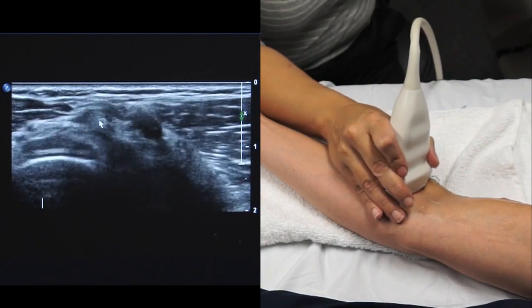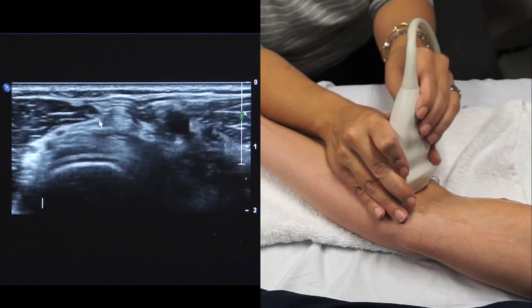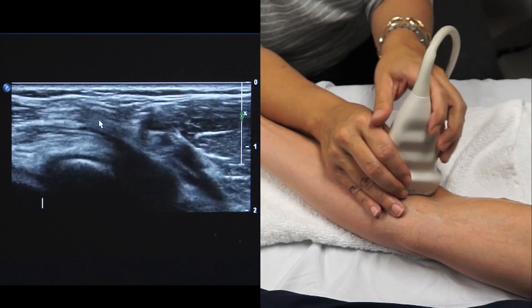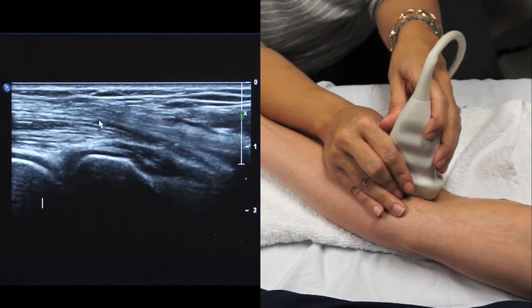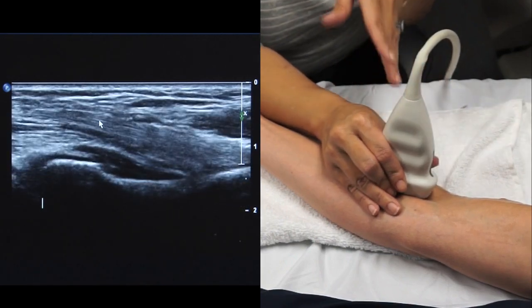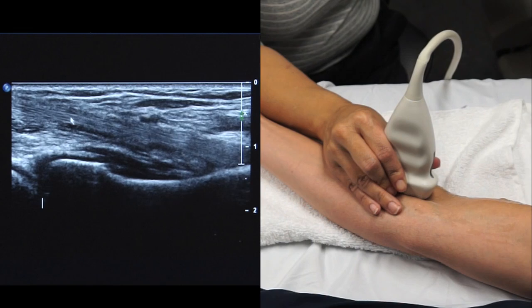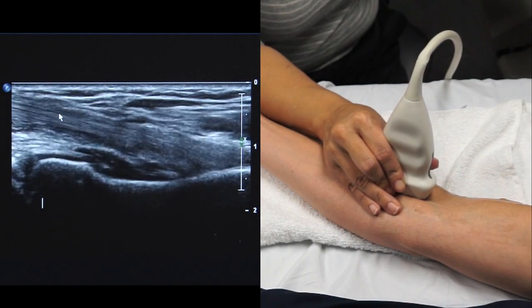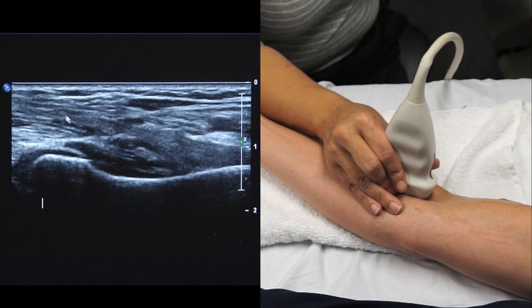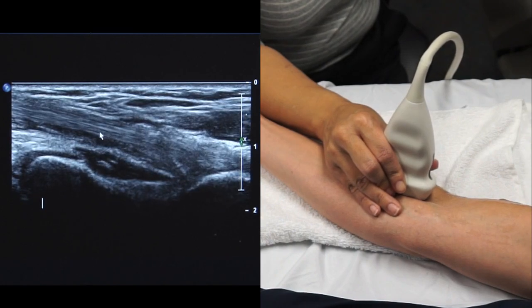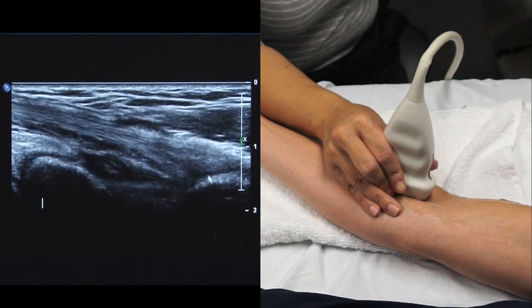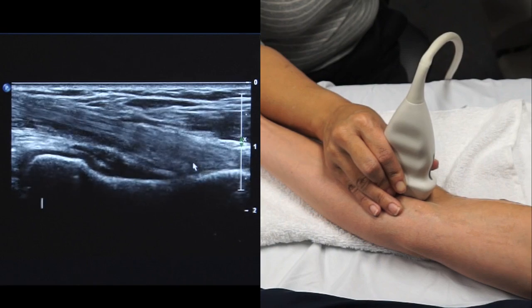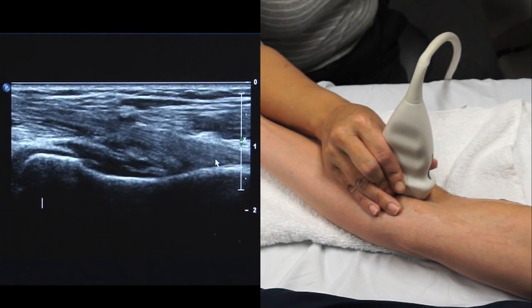But once you localize that tendon, you can turn your transducer to the long axis of the tendon. And again, adjusting the focus. You can follow the tendon down to its insertion on the radial tuberosity. And at the insertion, you may see the tendon fanning out.